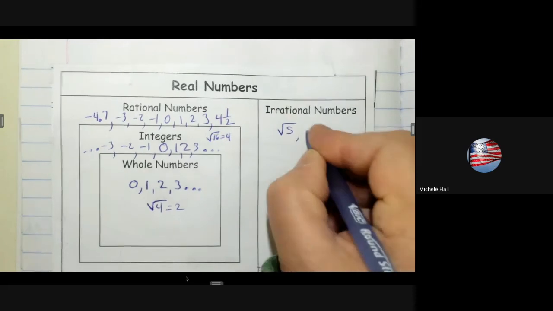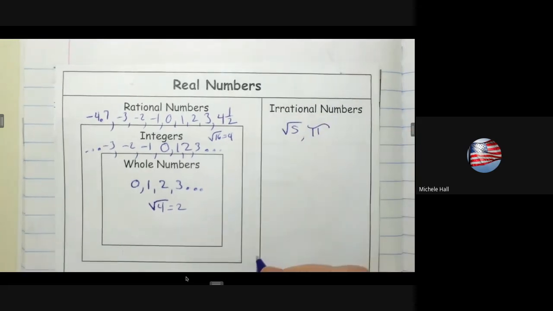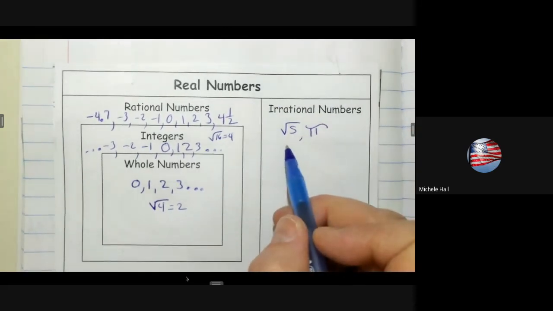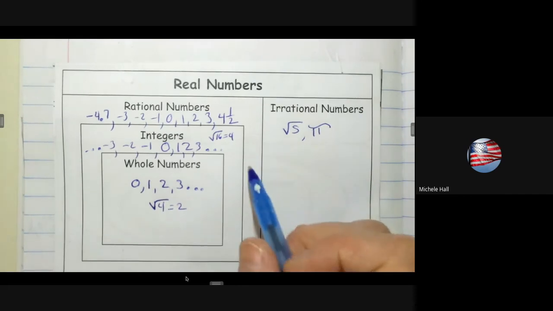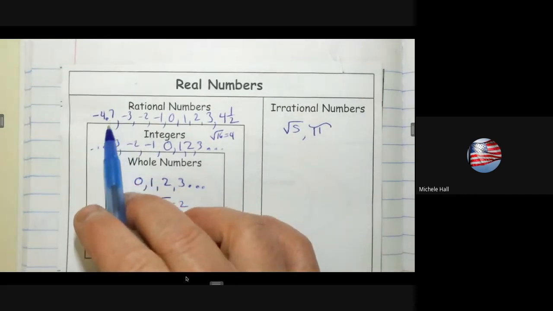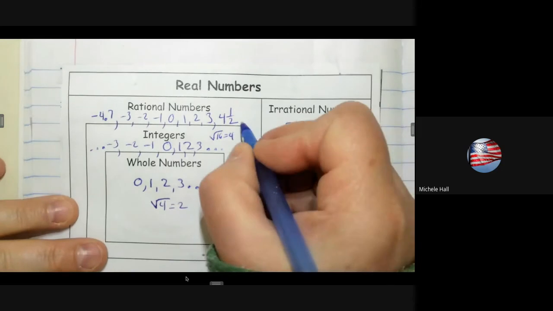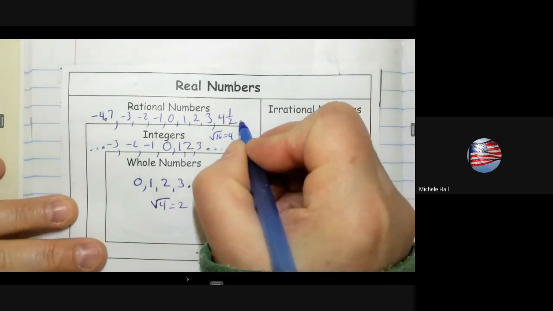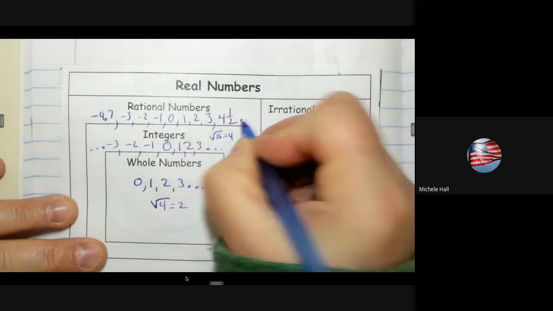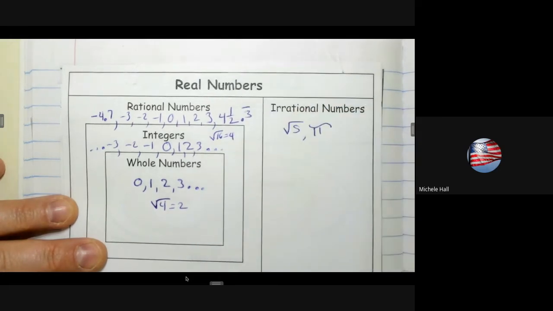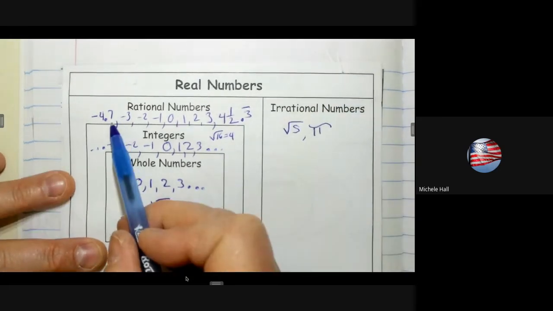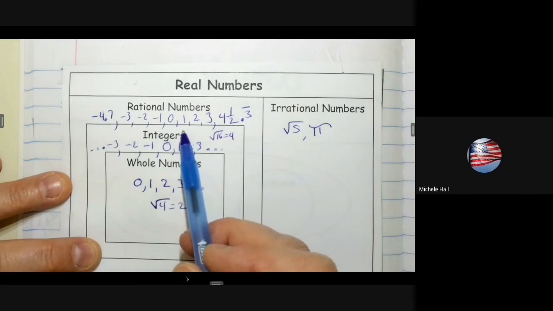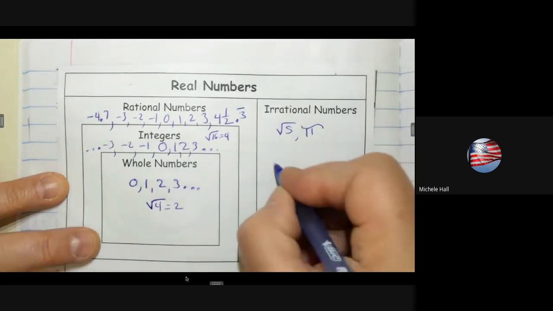We also have pi, a decimal number that goes on forever. The square root of 5 is a decimal number that goes on forever. It doesn't stop and terminate. It doesn't repeat. So that means repeating decimals, like 0.3 repeating, belong with the rational numbers, along with terminating decimals.